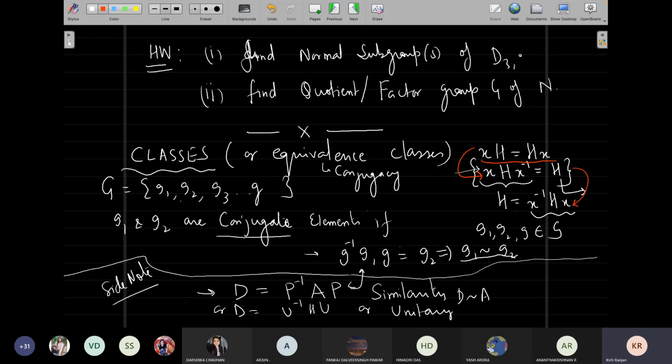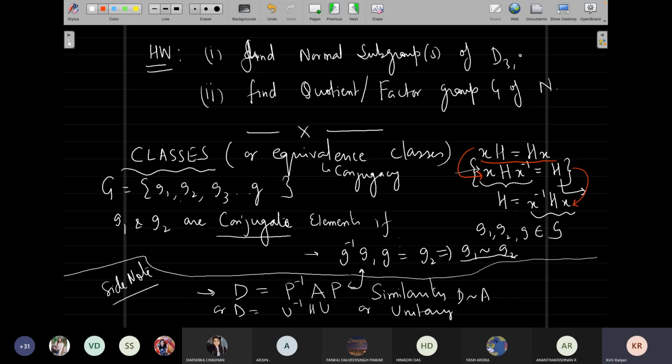What is meant by the classes? Classes are those sets. Remember, they are not subgroups because E is a class in itself, and hence E cannot be in any of the other sets. If E cannot be there in any other set, none of those sets can form groups in themselves. So none of the classes will form a subgroup or group other than the one class, which is the E class.